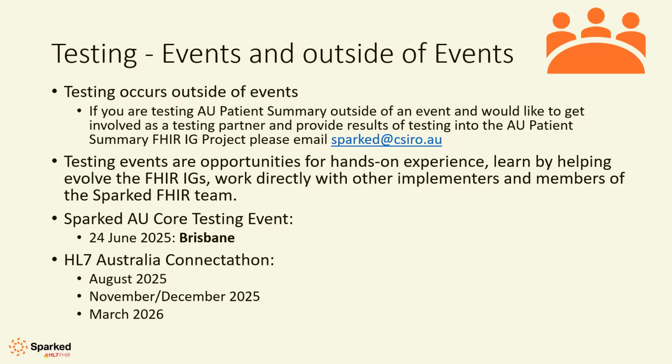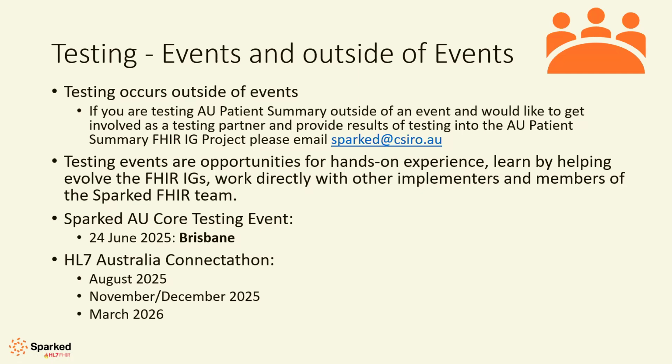And there'll likely be one in March in 2026 because there's been one in March every year for quite a while now. And so in the testing events coming into those, there'll be a whole series of directions and pages if you're joining us on how to test, how can we get the results, how will all of that work. But it's also really important for testing outside of the events.